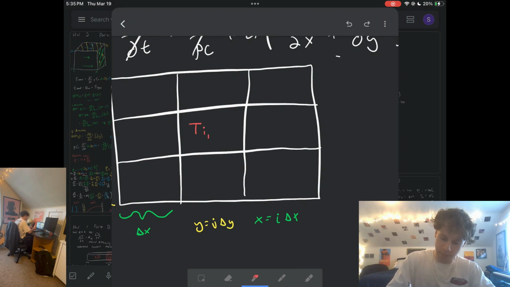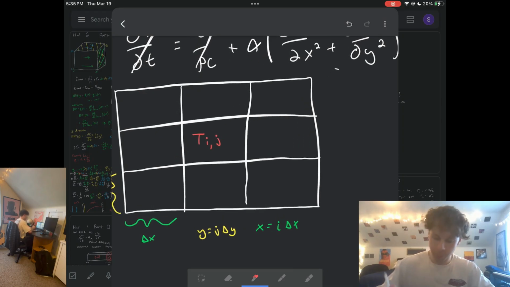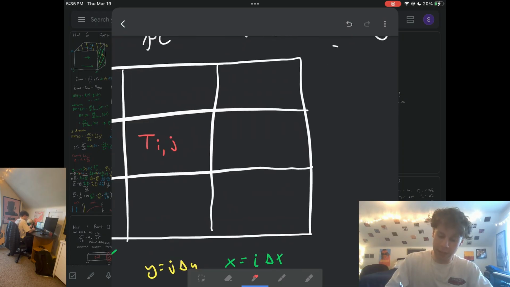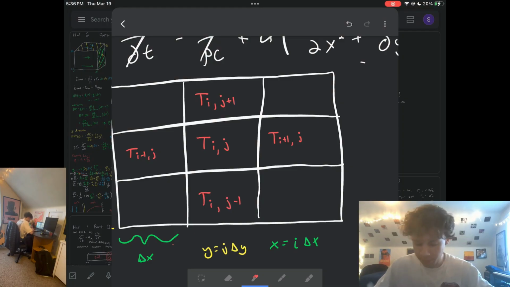And knowing that each of the squares is influenced by the temperature of the squares around them, we'll say that the right square has a temperature of T i plus 1 j. The left square has T i minus 1 j. The above square has a temperature of T i j plus 1, and the square below has a temperature of T i j minus 1.